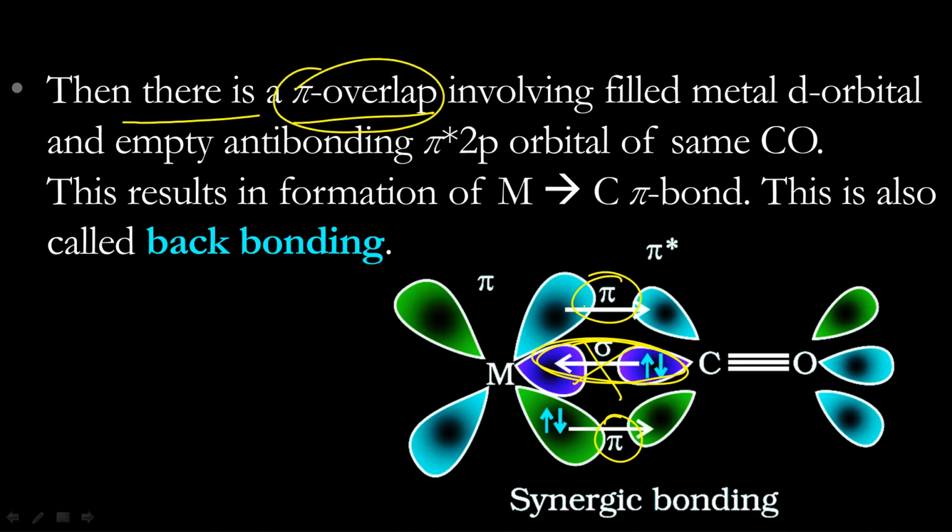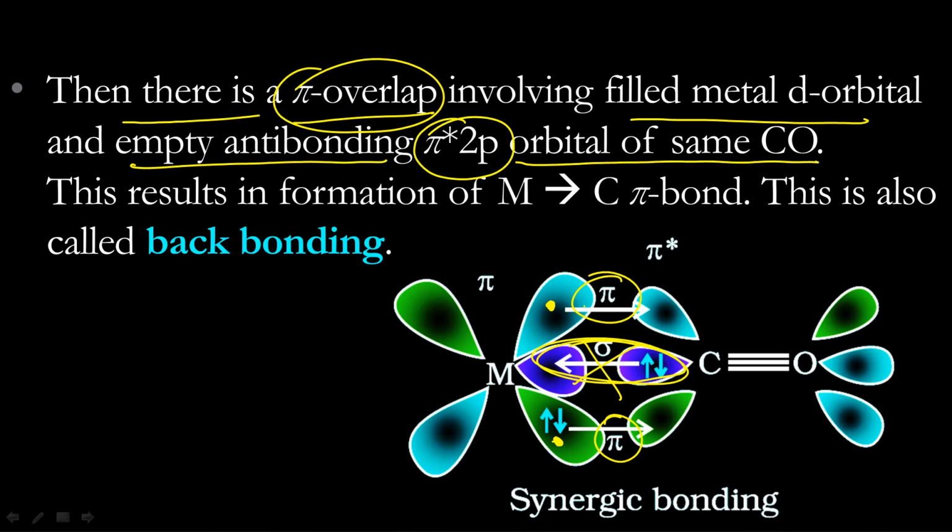There is a pi overlap involving the filled metal d orbital. Those 2 electrons will go to the empty anti-bonding 2p orbital of the same CO.